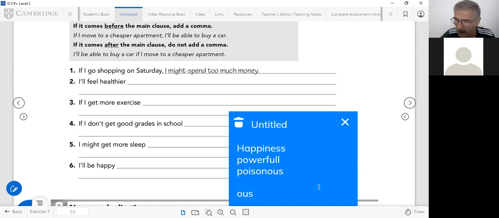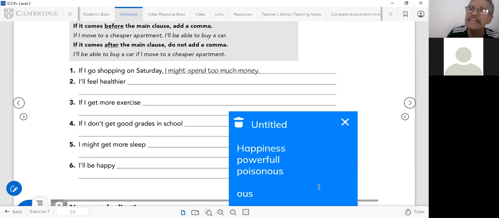But if you add OUS, it is converted into an adjective. It's a condition. The condition of that snake is poisonous. When you're talking about the characteristic, that snake is poisonous.